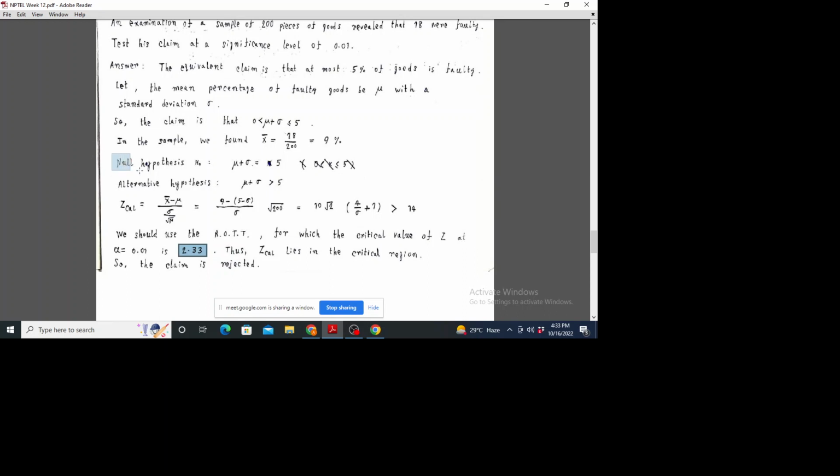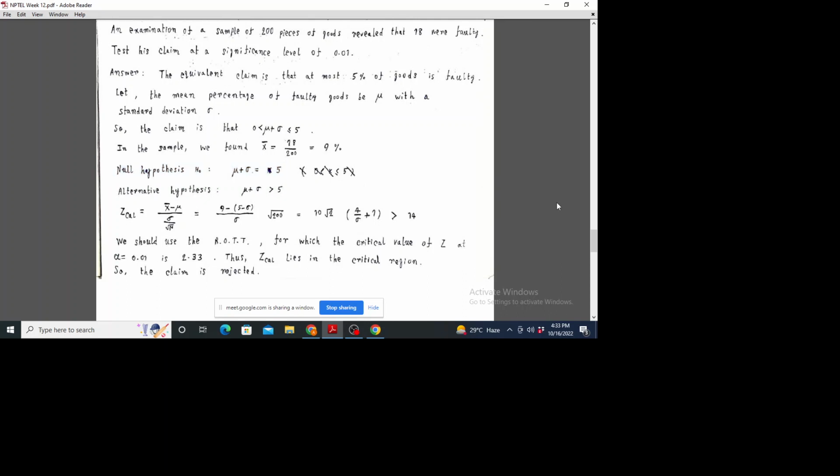What is our null hypothesis? Mu plus sigma equal to 5. So we reject the null hypothesis in favor of the alternate hypothesis, that more than 5% of his goods are faulty.